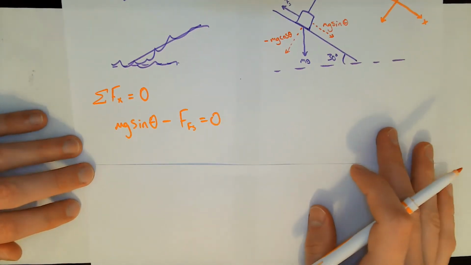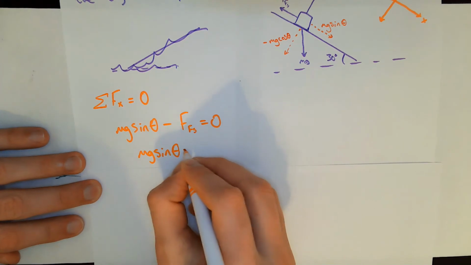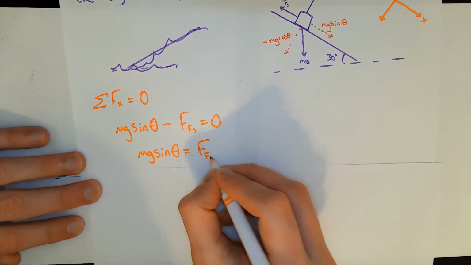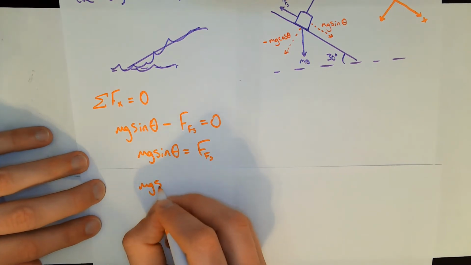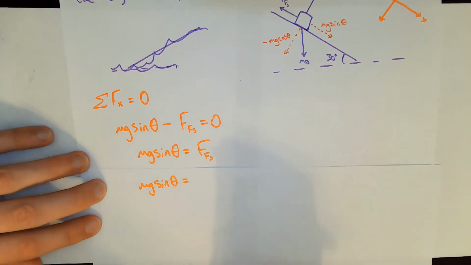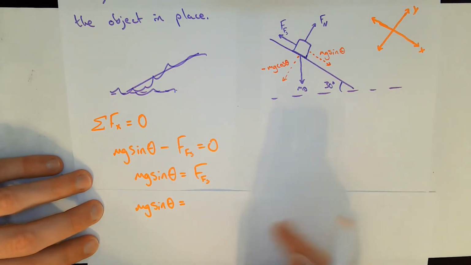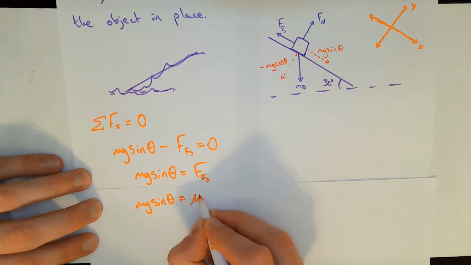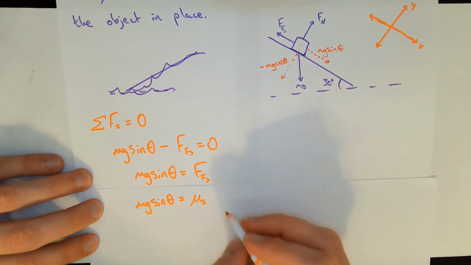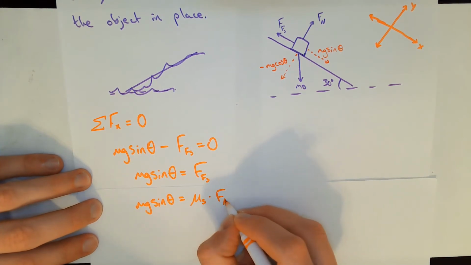Moreover, I know that my friction force is dependent on normal force. It's dependent on how hard the surface is pushing up on the object. So my friction force is equal to this coefficient of static friction times my normal force.